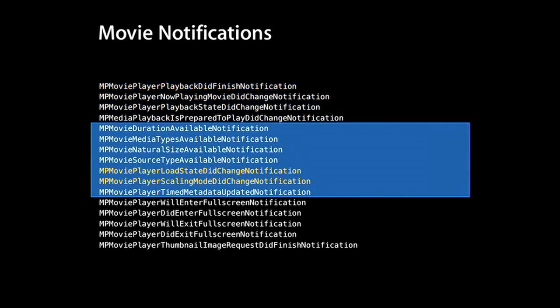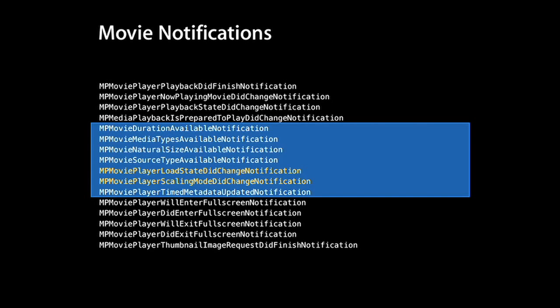The next group of notifications I'd like to talk about all have to do with the movie content. The first four have to do with values that are associated with a movie that aren't necessarily available when you first initialize your movie. For instance, the system may not know exactly the duration of your movie when you initialize the object. If some part of your application needs to know these values exactly, you should register for one of these notifications so that you can find out once the system knows.